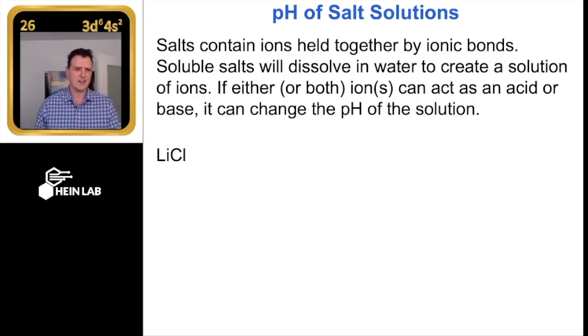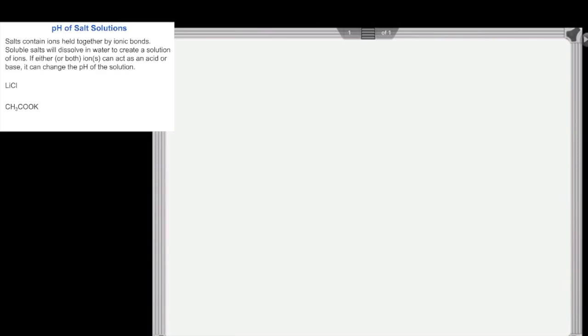And so we classify ionic compounds as either innocent or non-innocent in solution. The two situations we were talking through last time were lithium chloride, and potassium acetate, where in this case it's CH3COO as a species.